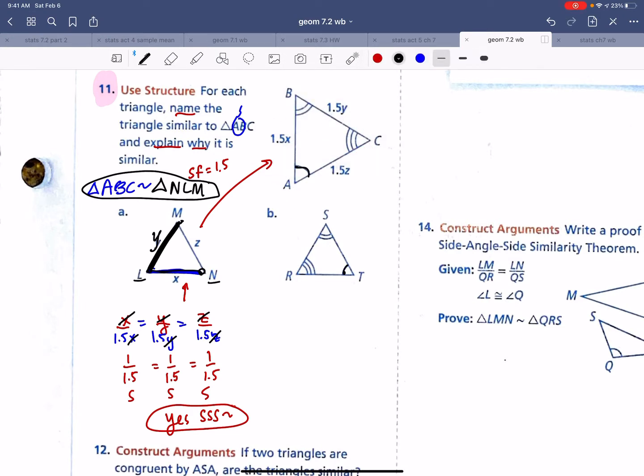Now, looking at the next one, would these be similar? And we notice they have one angle that matches and a second angle that matches. So because angle T is equal to angle A, because they both have one arc mark, and we know angle S is equal to angle B because they both have two arc marks.